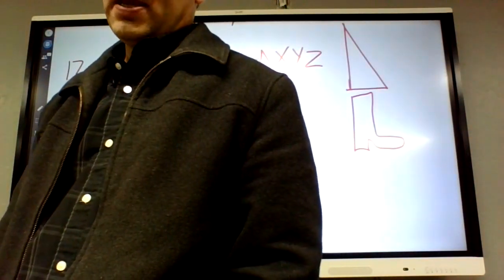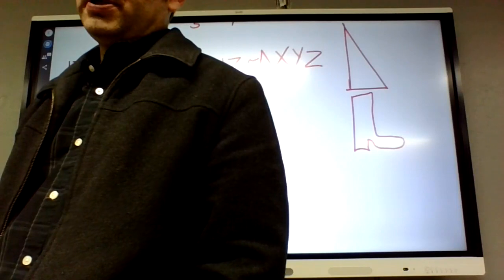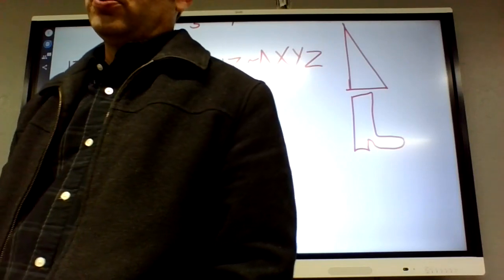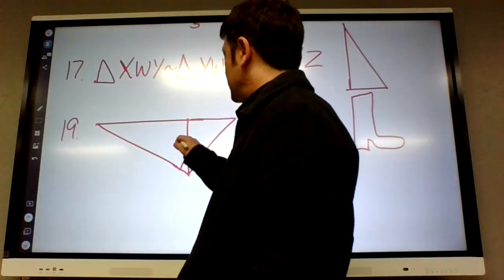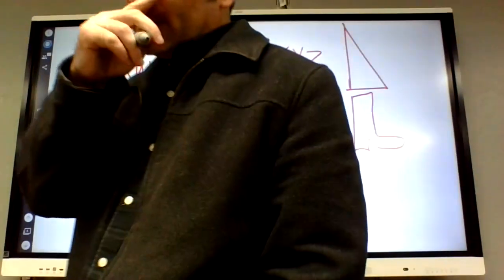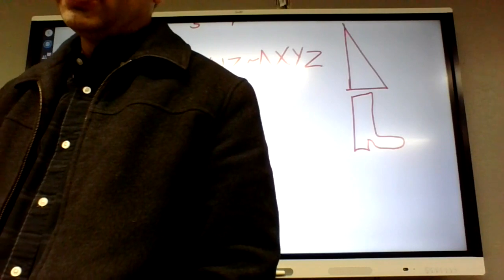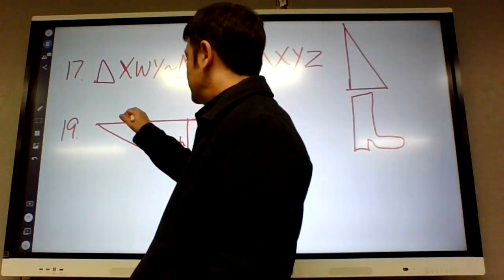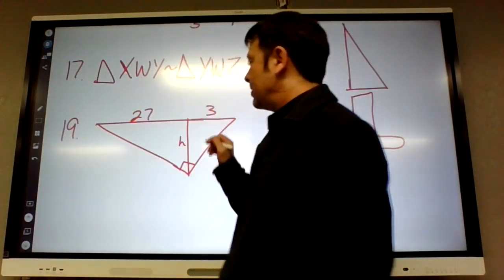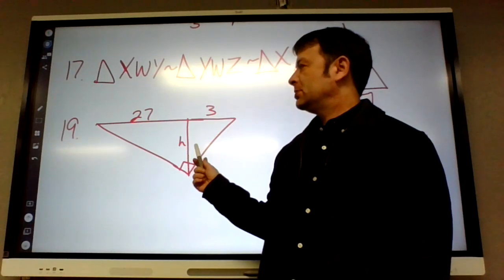No, that's wrong. Okay, so we're looking for WY, which is like this H thing over here. They tell us that ZW is 27 and WX is 3. How did I just say we could find H?